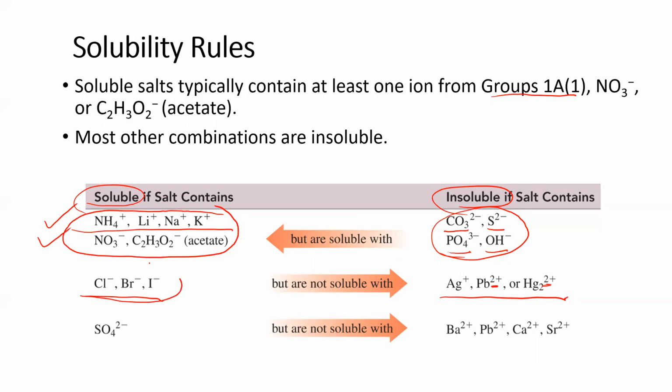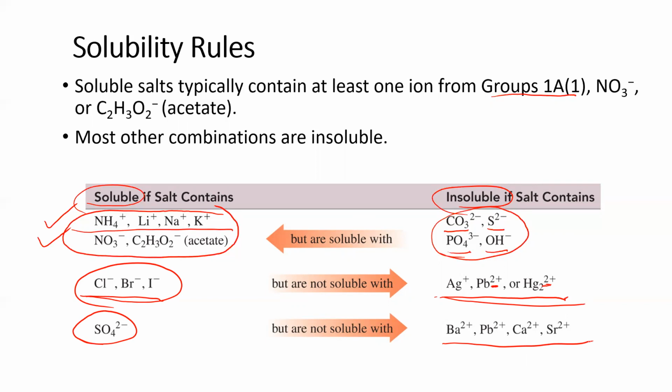So the halides are soluble except if one of these are around. It prefers those over the solvent of water. Sulfates are soluble except if one of these are around. That's why barium sulfate is an insoluble precipitate and will come out of solution.